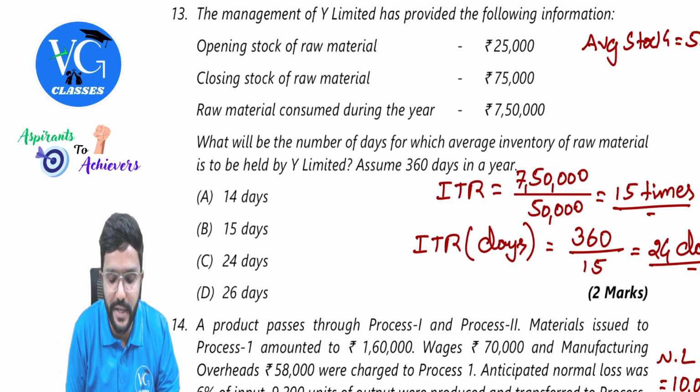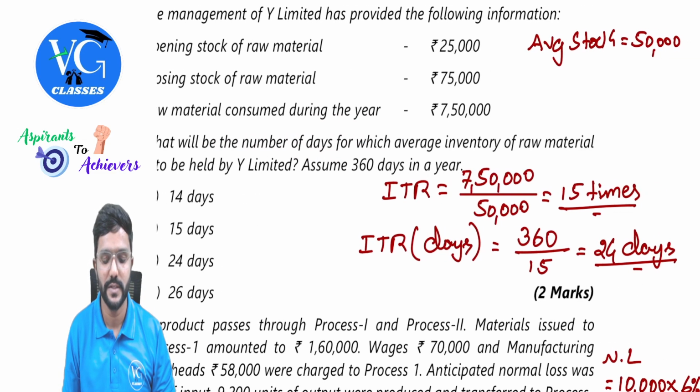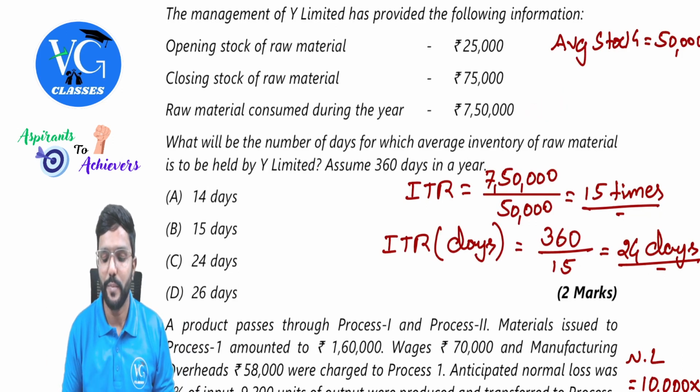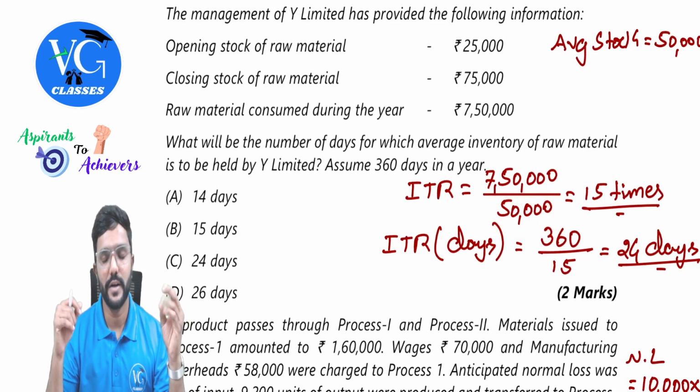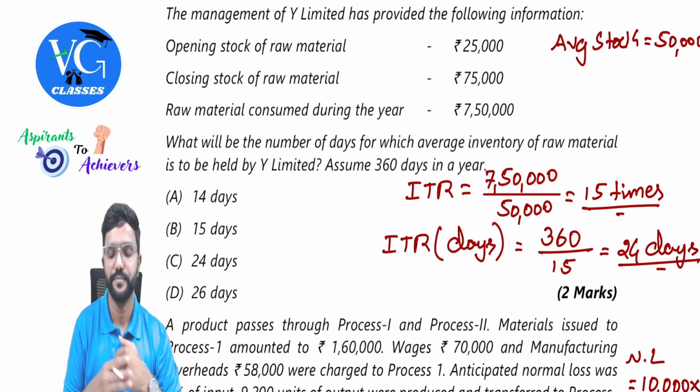Guys, they're asking inventory turnover ratio in days. But we need to calculate first inventory turnover ratio. Material consumed is already given. You need not calculate it separately. So material consumed, divided by average stock, guys. Cost of raw material consumed divided by average stock. We will get inventory turnover ratio, which is 15 times.